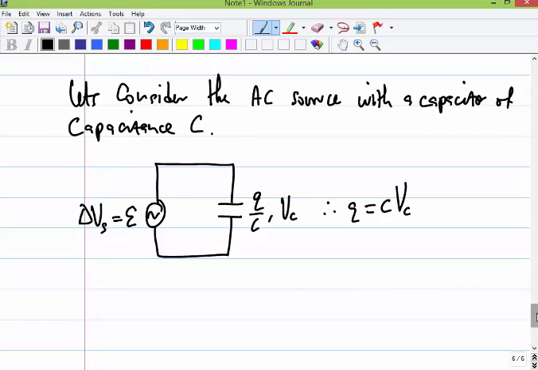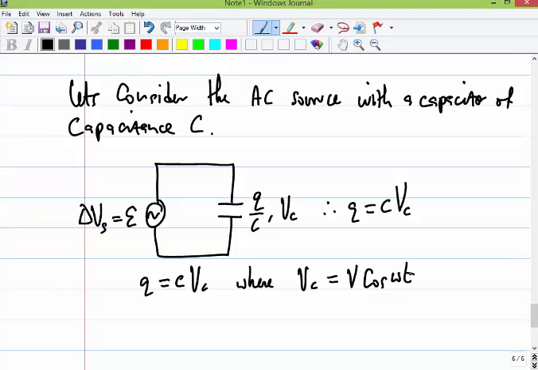So Q is equal to C times the voltage across the capacitor, where the voltage across the capacitor is just equal to the EMF, which is equal to V cosine omega t.